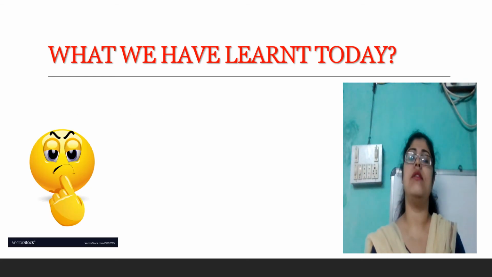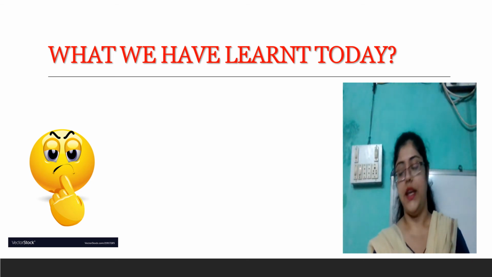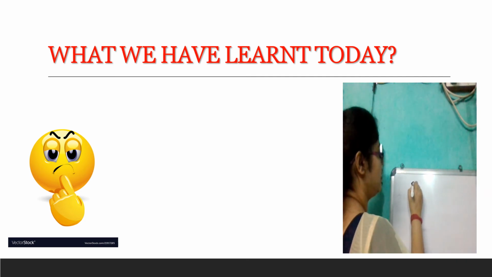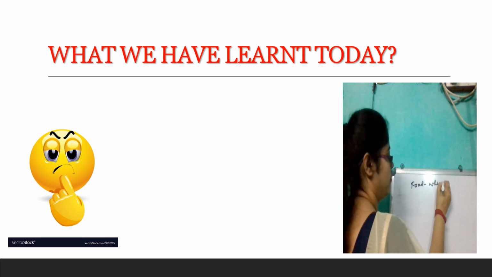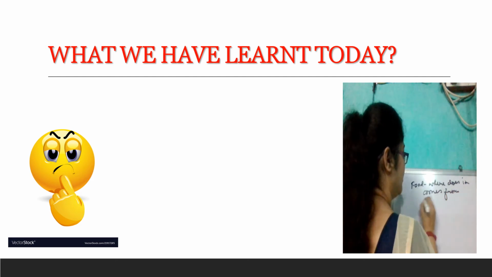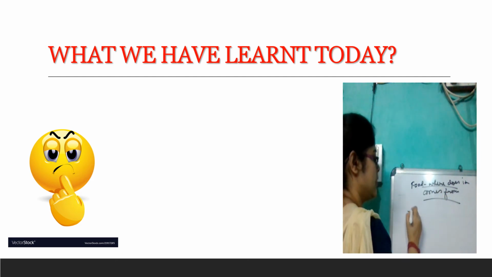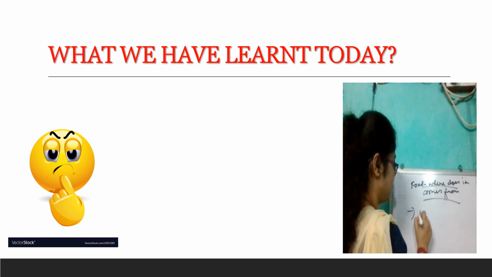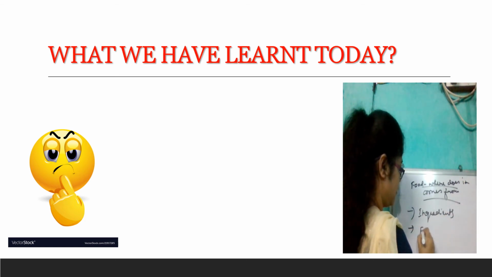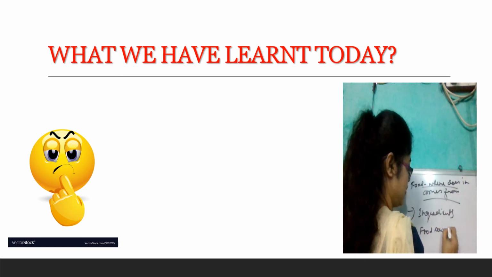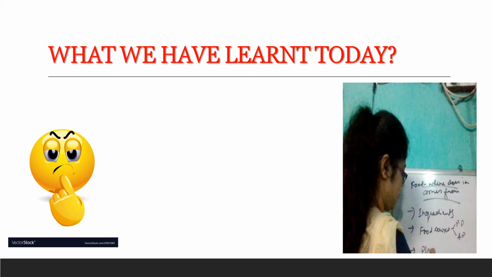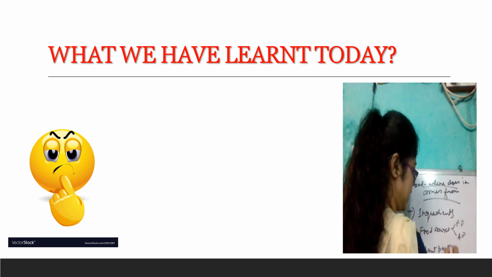So now, what have we learned today? Yes class, very good. Today we have completed the chapter Food: Where Does It Come From? Under this chapter, we first of all learned about the ingredients, then food sources, that is plant product and animal product, then plant parts which are edible.